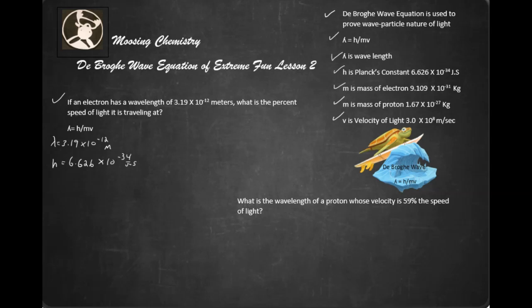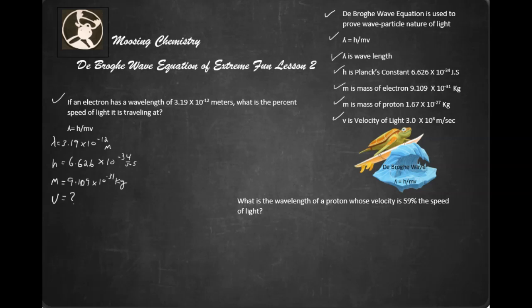We know the mass of the electron, which is 9.109, actually, times 10 to the negative 31 kilograms. Some people also use 9.11. And let's see, we're looking for the velocity of light, percent.